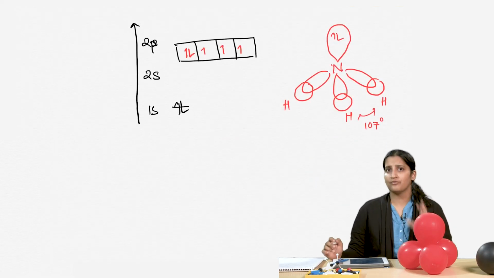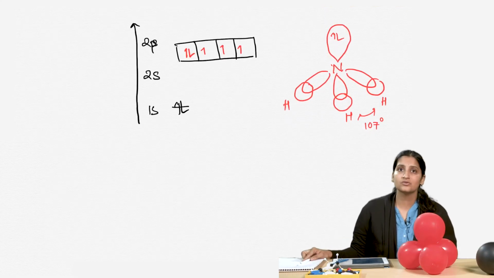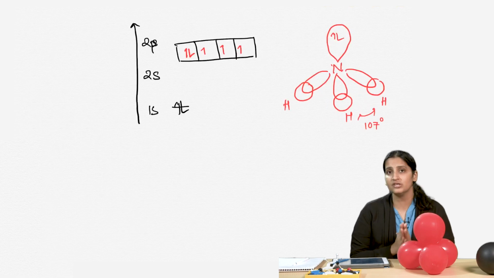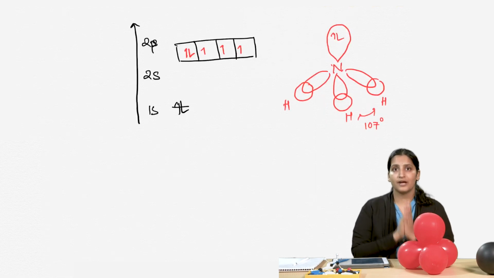Same thing in the case of water. In water, oxygen is going to be sp3 hybridized. You can do this exercise and try to write the excited state electronic configuration of oxygen and also write down the hybridized state electronic configuration of oxygen.